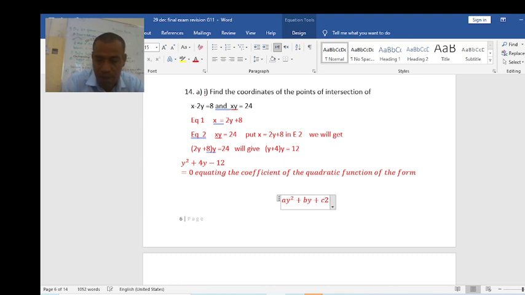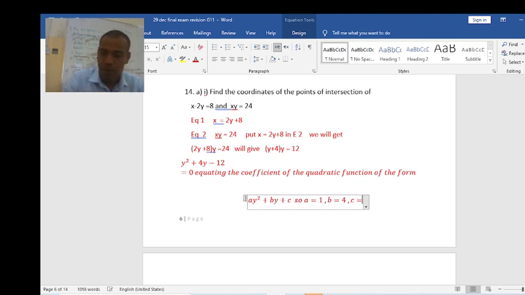Clear? So it's clear now that a is equal to 1, b is equal to 4, and c is equal to negative 12.